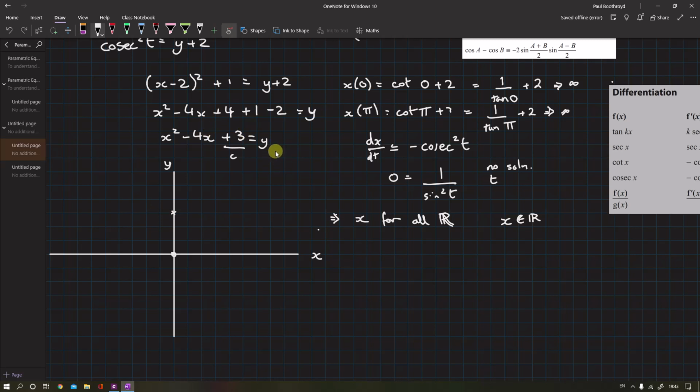Can we factorize it? x minus 1 and x minus 3. That gives me 2 values which are roots, so we go through 1 and 3. The line of symmetry therefore is down the line x equals 2.